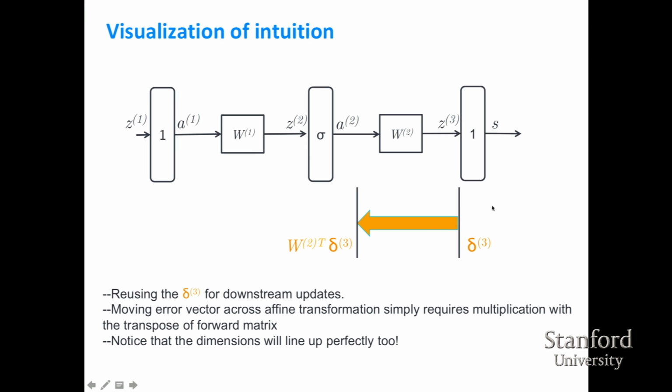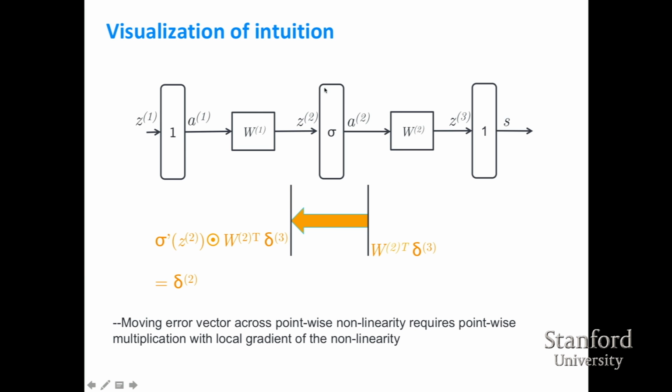And so notice also that the dimensions here line up perfectly. We multiply this delta, which has the dimensionality of the output, with the transpose, and we get exactly the dimensionality of the input of this W. So it's quite intuitive, right? You have a linear, affine transformation through this W. As you move backwards through this W, you just multiply with its transpose. And now we are hitting this element-wise nonlinearity.